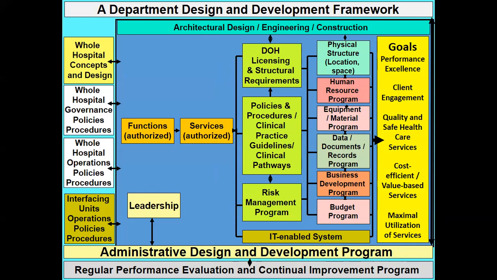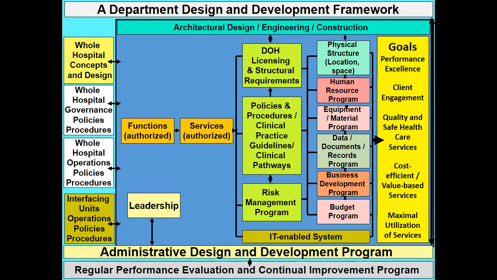So you have leadership, authorized functions, authorized services, the goals, architectural design, physical structure, DOH licensing requirements, policies, procedures, risk management, human resource management, equipment, material, program, data, document, records program, business development program, budget program, IT-enabled program system, regular performance evaluation, and continual improvement. So all of these components must be present, aligned and integrated with each other.